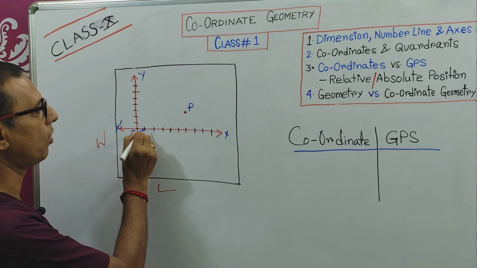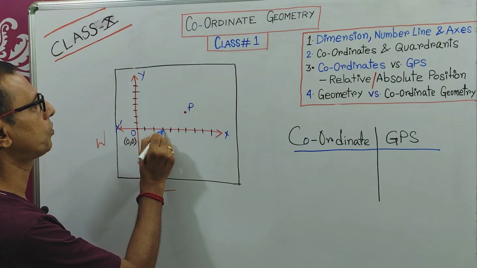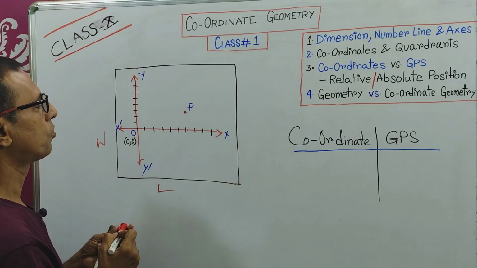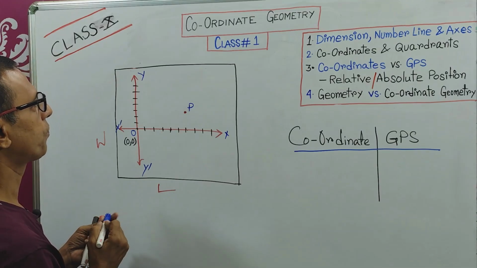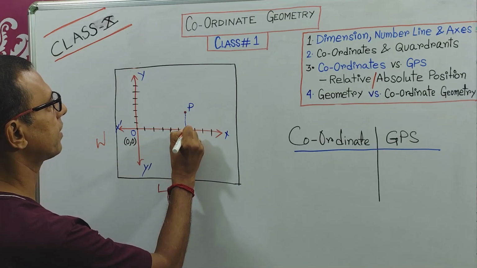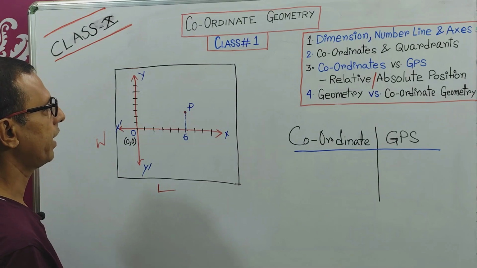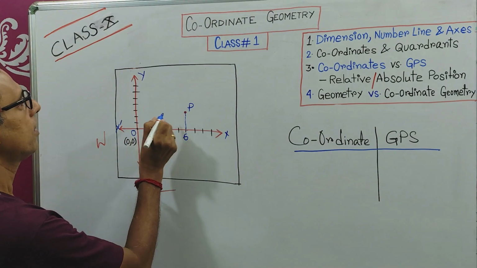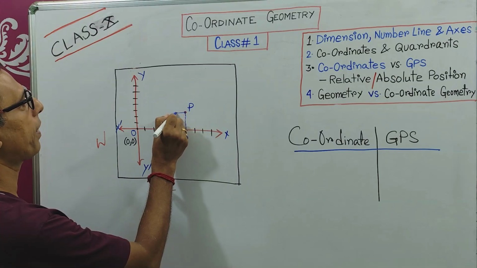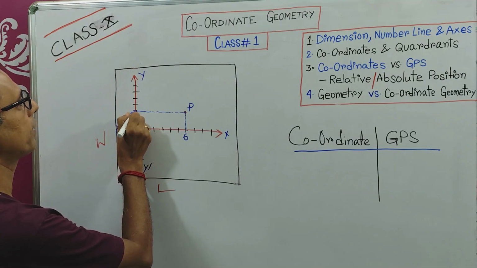I am assuming all these are 1 unit. 1, 2, 3, 4, 5. 1, 2, 3, 4, 5, 6. So, if I draw a perpendicular line from P, let's say it intersects here at point 6 on the abscissa, right? And from here you draw the perpendicular on the y-axis.